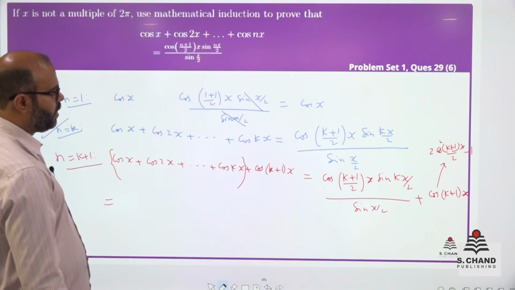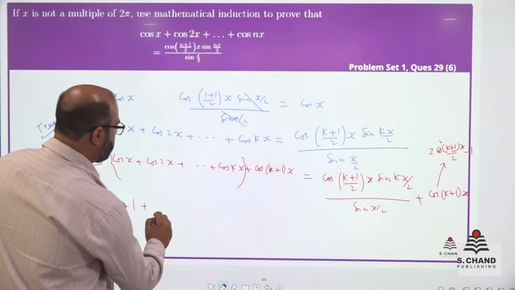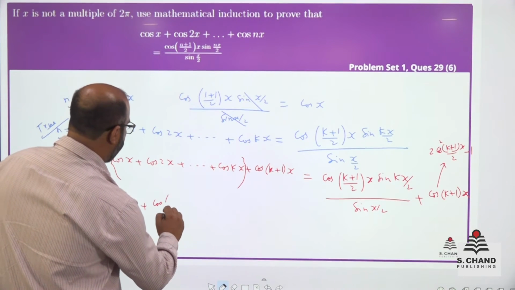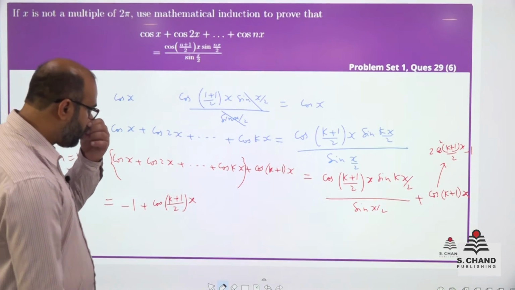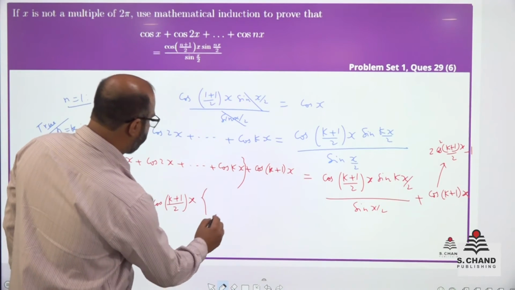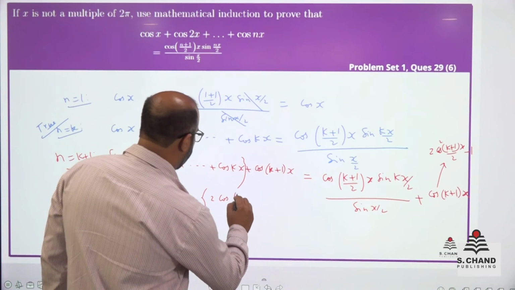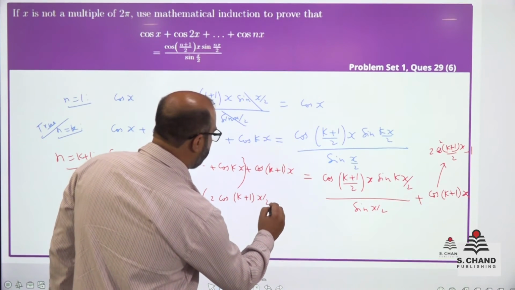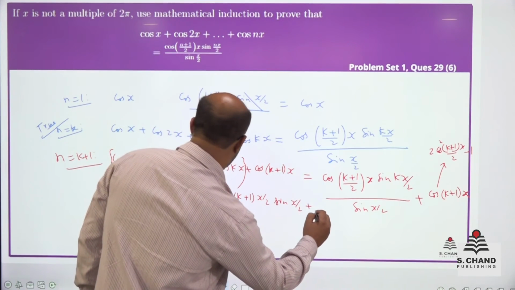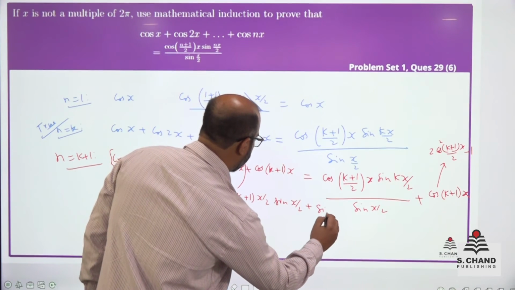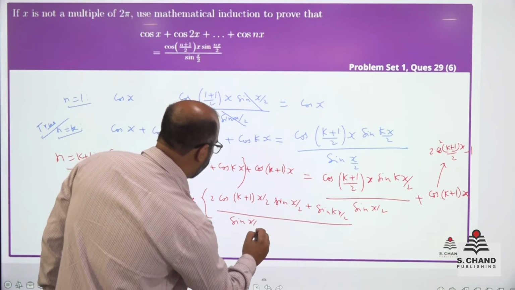And then we take LCM. So, minus 1 is separate, plus cos of ((k plus 1)x by 2) is taken as common from both of them. So, what else we have is cos of ((k plus 1)x by 2). So, this is 2 cos of ((k plus 1)x by 2) into sin(x by 2) after taking LCM, plus sin(kx by 2) upon sin(x by 2), right.